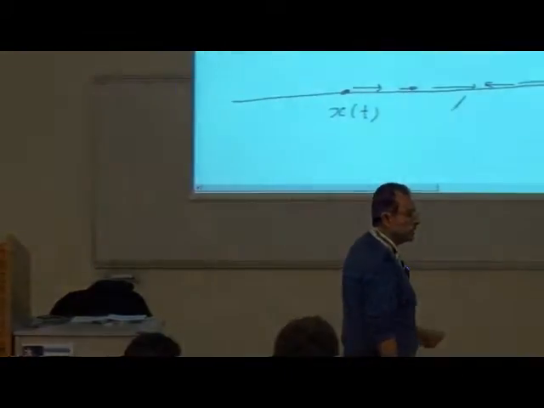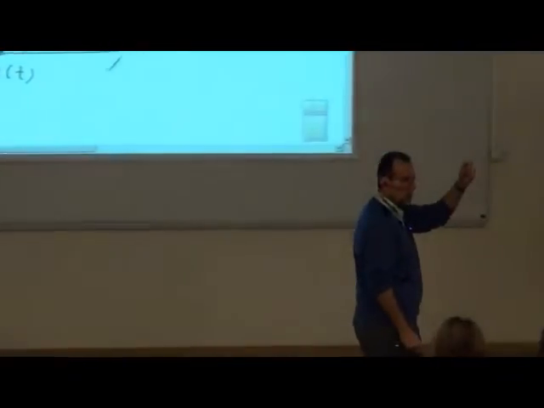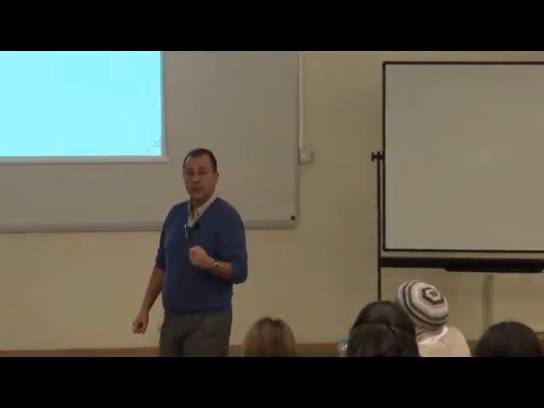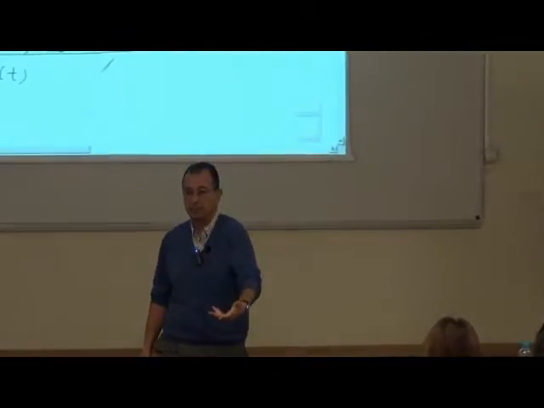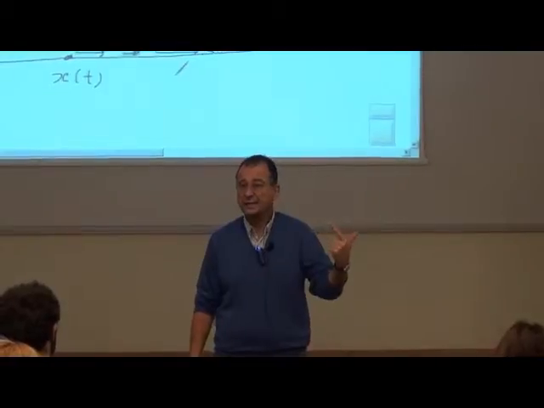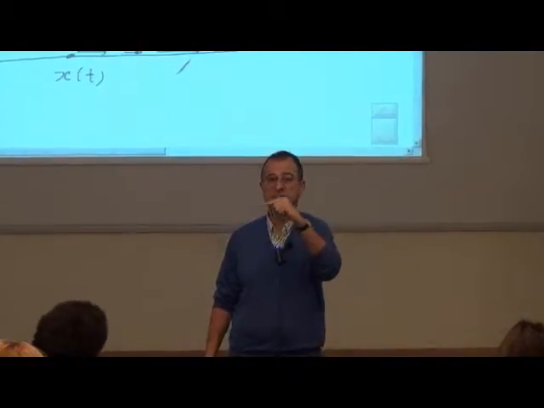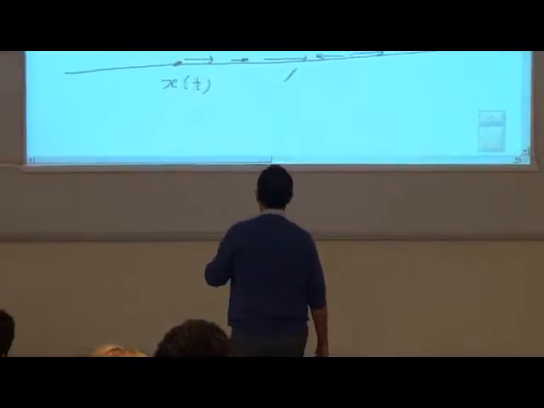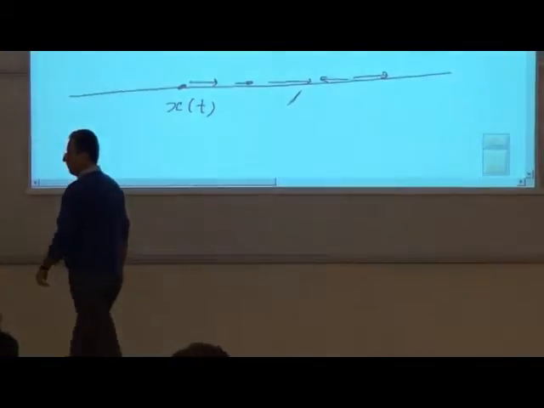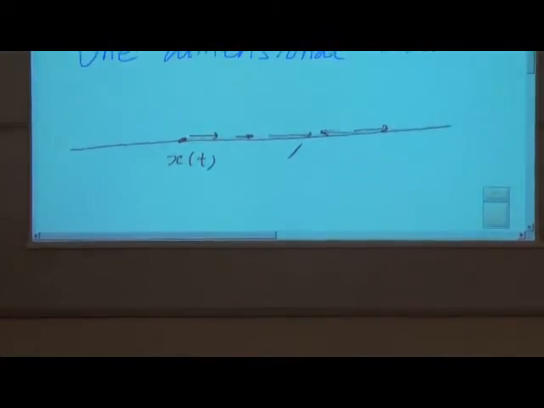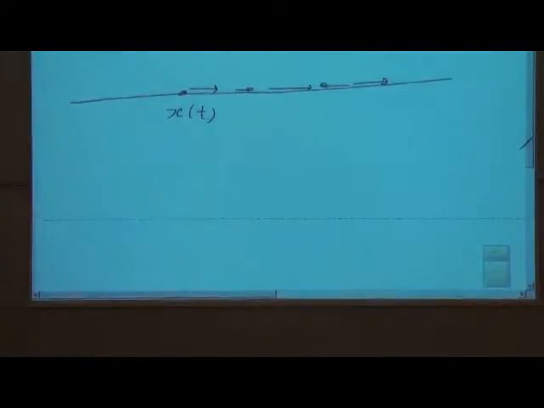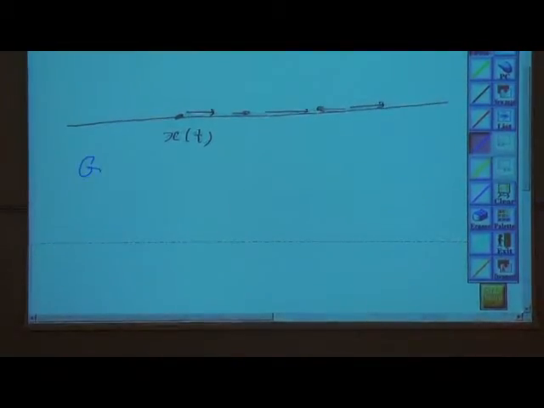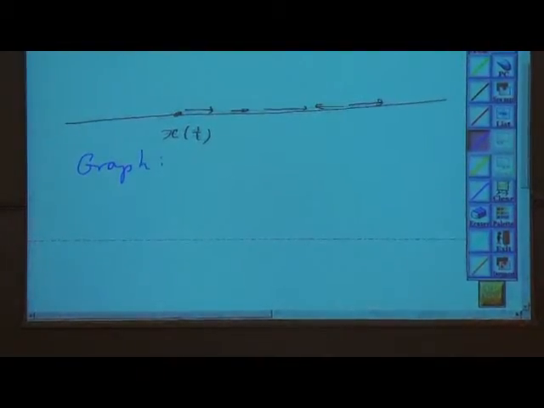Now, in one dimension, okay, we have x, that's our interesting variable. We are watching where the particle is. And that depends on time. So x is a function of time. So we can graph it. What does that mean?